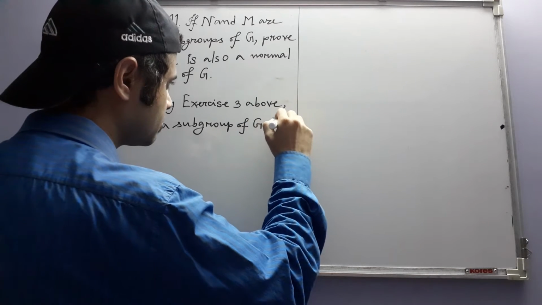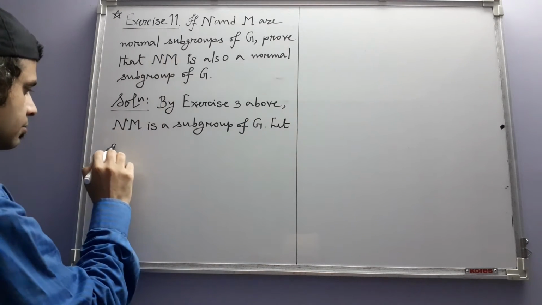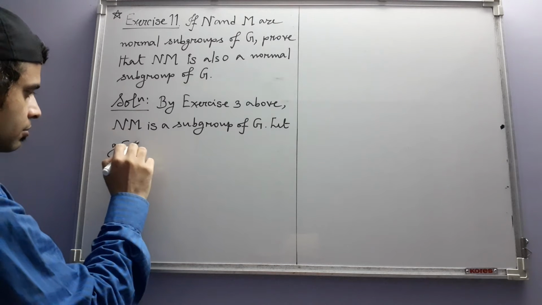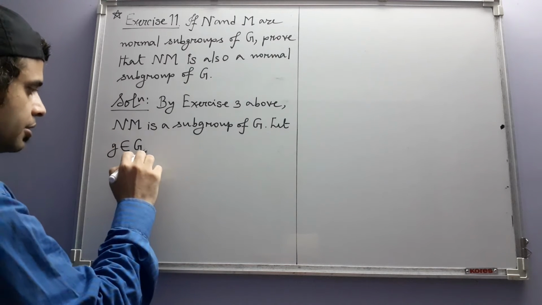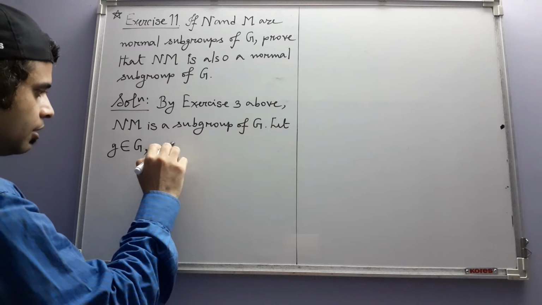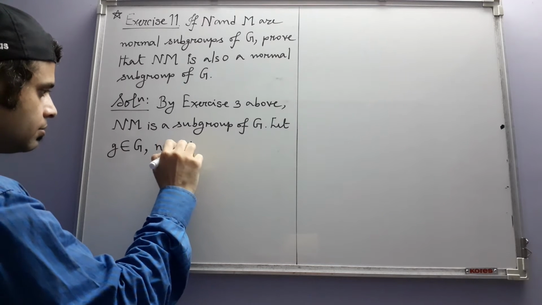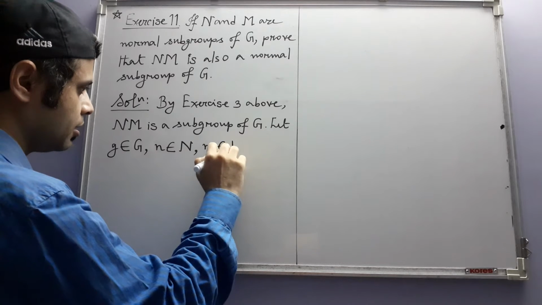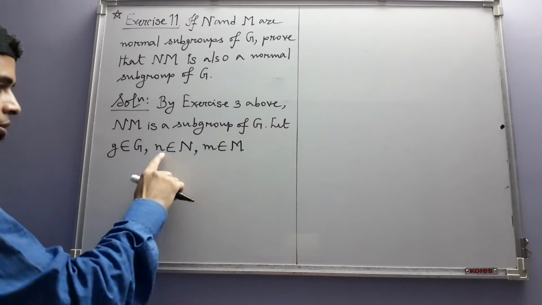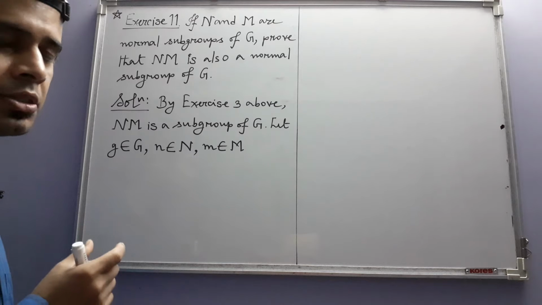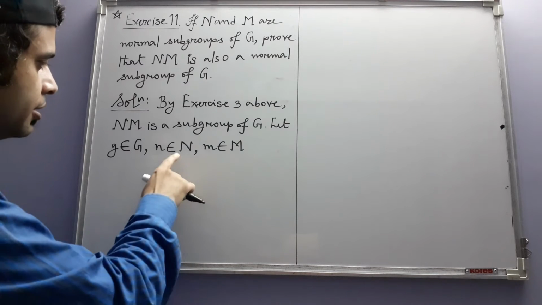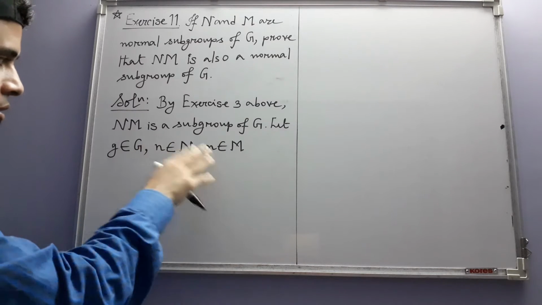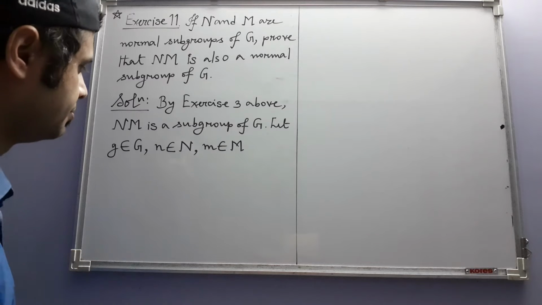We now have to prove that it is normal in G. So let g be any element in G, n be any element in N, and m be any element in M. These two elements will help us form a general element in NM, which will be nm.